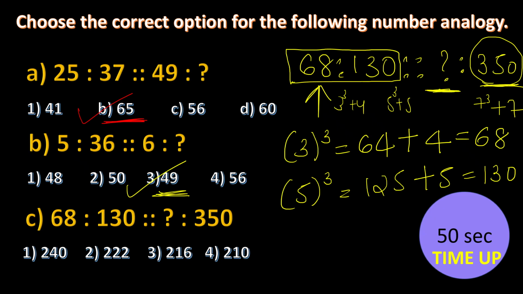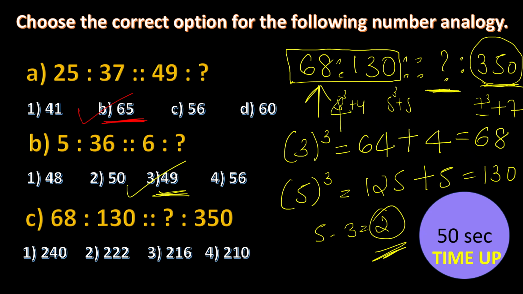For that, you do 5 minus 3. 5 minus 3 is how much? 2. So there is a 2 gap. So 7 minus what will give me 2 gaps? Okay, students, so this will be 4 cube.